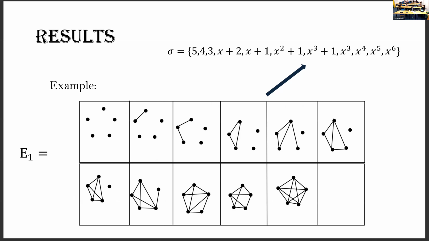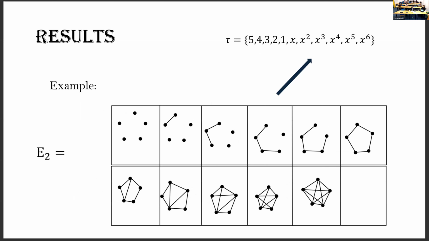If we look at an edge filtration of the complete graph K5, here given by E1, and its corresponding sequence of polynomials given by sigma, and we look at E2, a different edge filtration, and its corresponding sequence of polynomials, the discrete homotopy distance between sigma and tau is actually 4, and the distance between their corresponding mergegrams is 3.